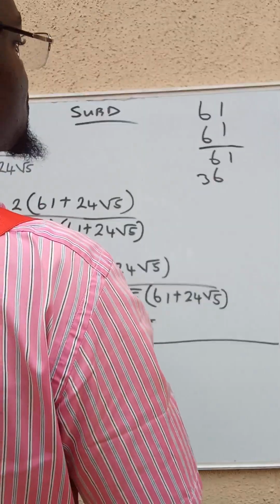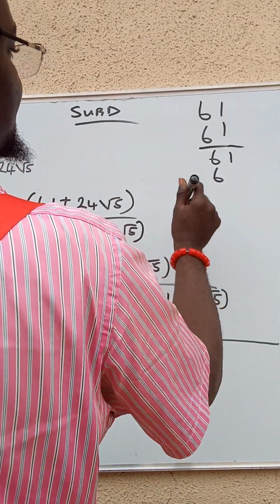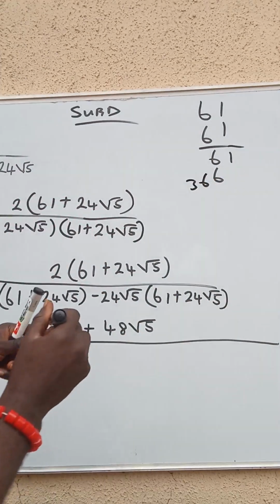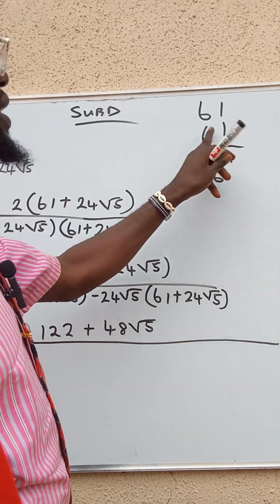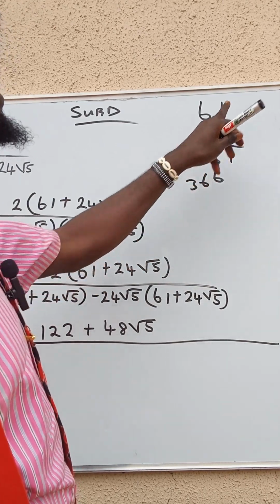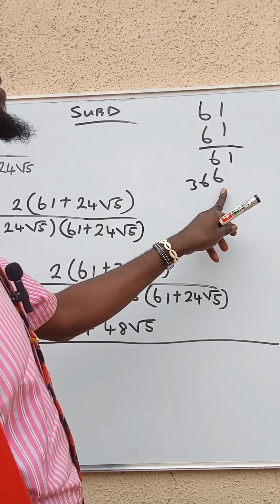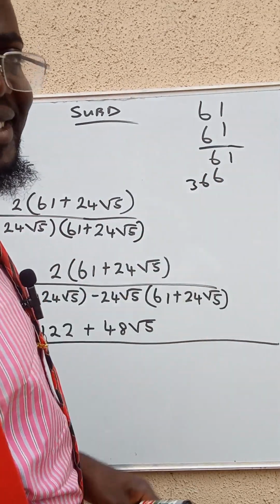And 6 times 6 is what? 36, right? 1 times 1, 1. 1 times 6, 6. 6 times 1, 6. 6 times 6, 36.